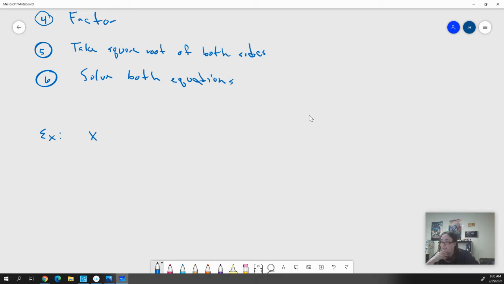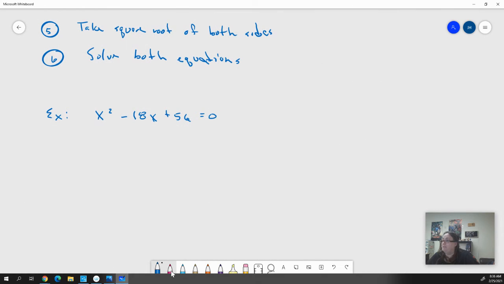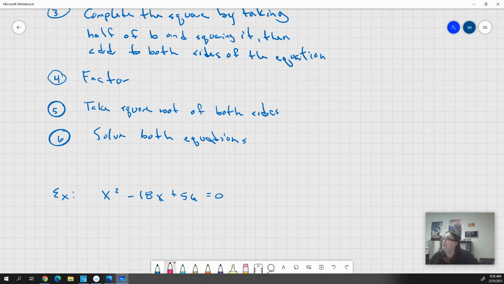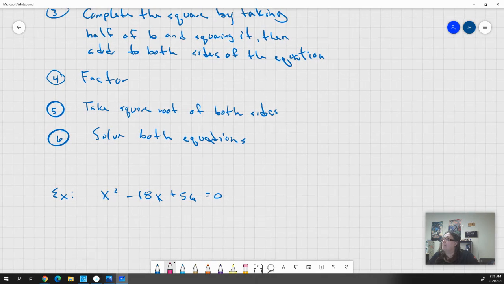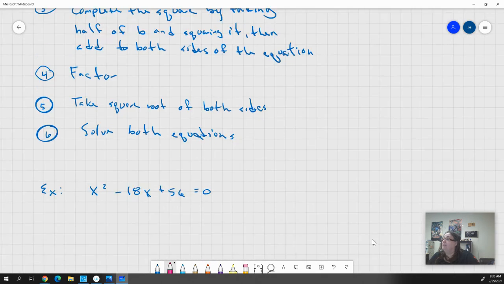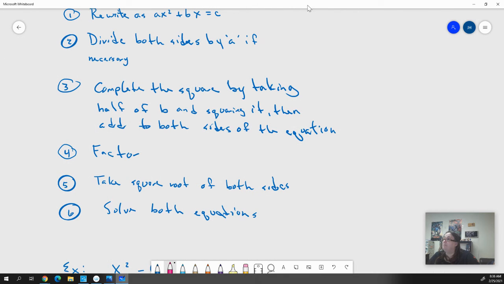If I have x squared minus 18x plus 56 equals 0, and I am told to solve by completing the square, and you will be because that's what this assignment is, the first thing we do is look at the first step: rewrite as ax squared plus bx equals c.